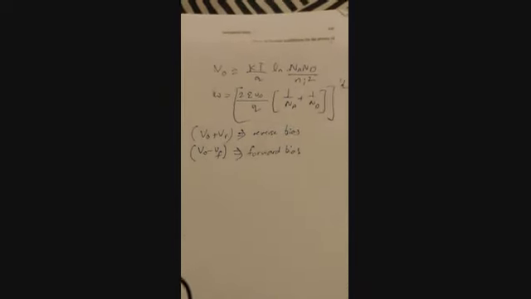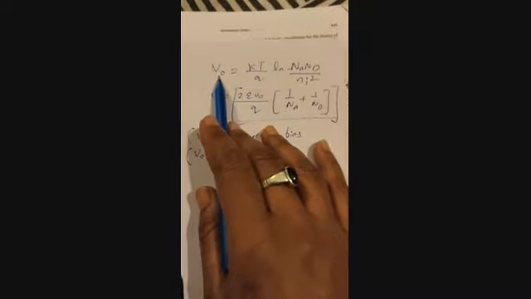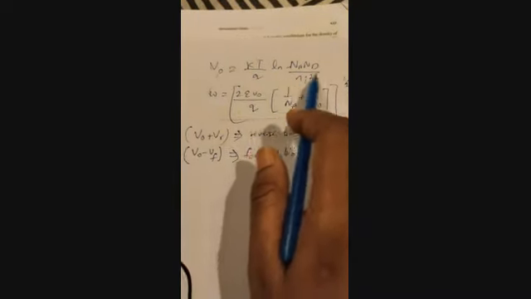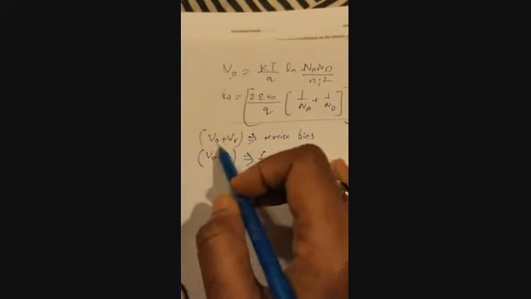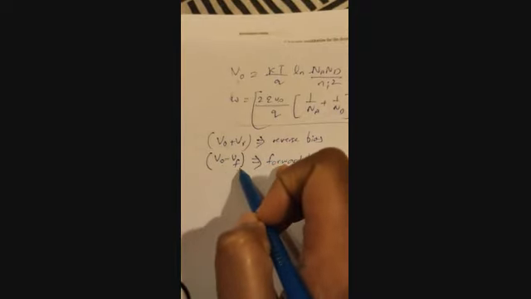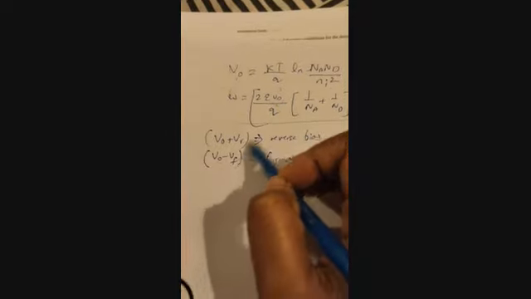So till now I have derived the expression for W, and the expression for V naught is given here. V naught is equal to KT by Q ln NA ND upon Ni square. Now I am talking about the forward bias and reverse bias cases. If I forward bias this diode, then this value of V naught should change.